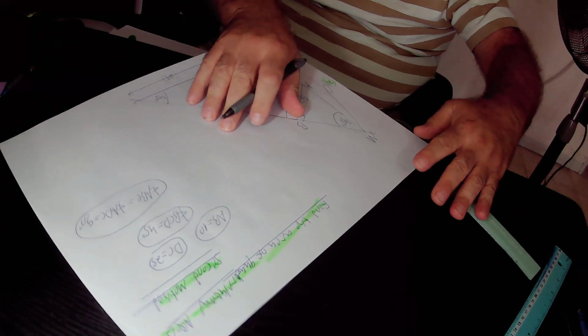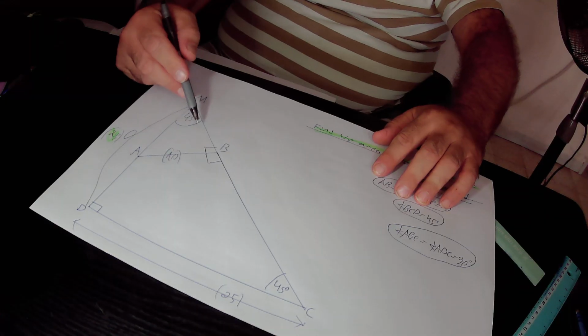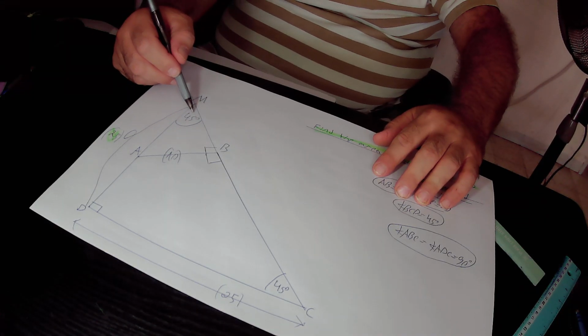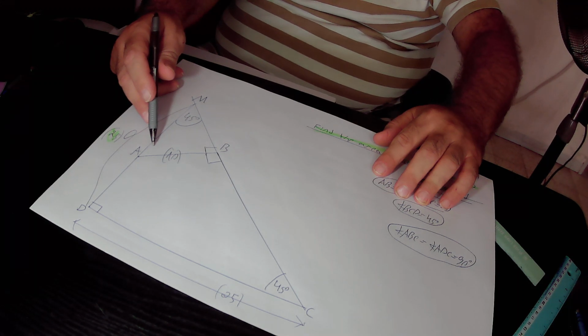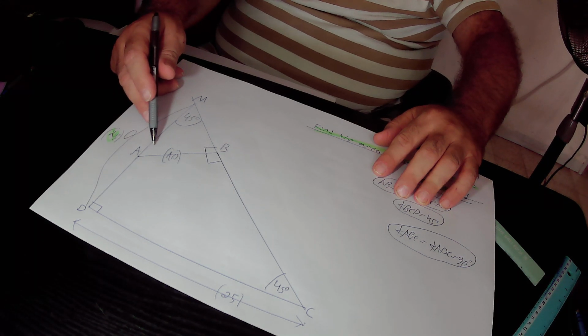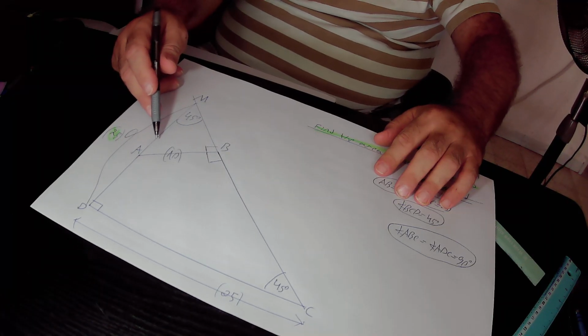So in the small right triangle MBA, this angle equals 90 degrees, this angle equals 45 degrees, and therefore this vertex angle must also be equal to 45 degrees, according to the rule that the sum of the angles in any triangle is equal to 180 degrees.